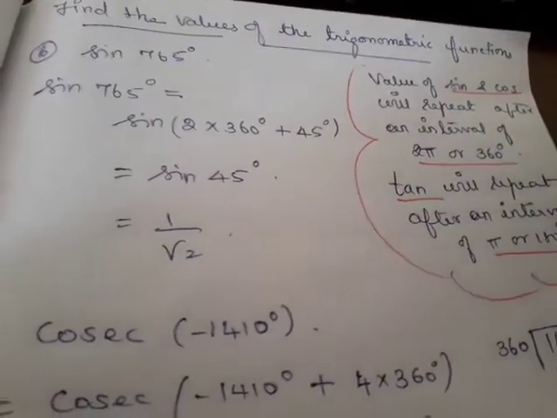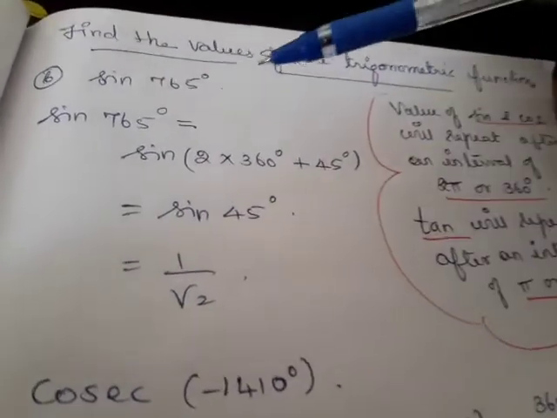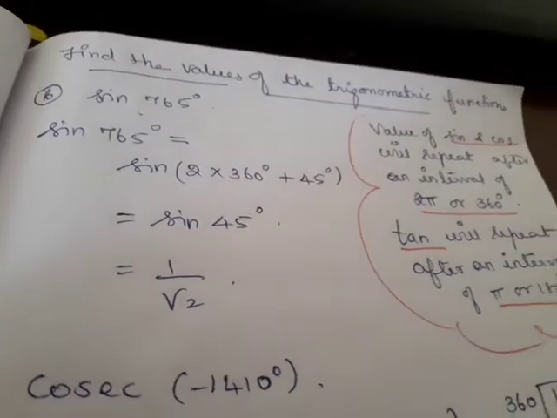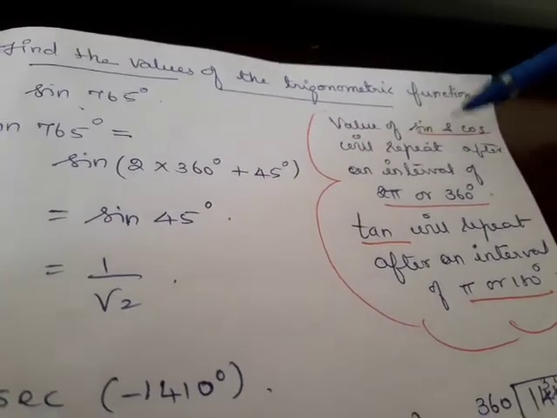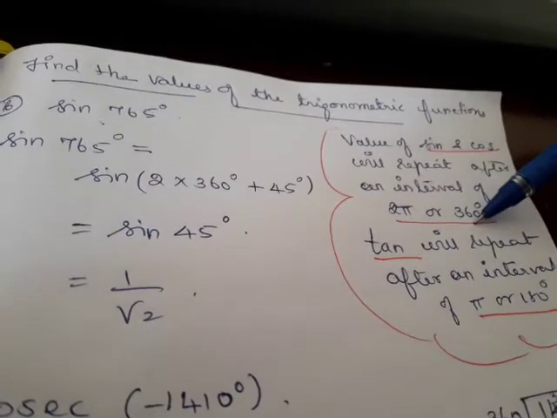Now let us solve the next type of problems. Find the values of the trigonometric functions. First one is sin 765, and here only we are going to use the inference which we obtained. The value of sin and the cos will repeat after an interval of 2 pi or 360. We have learnt, right?